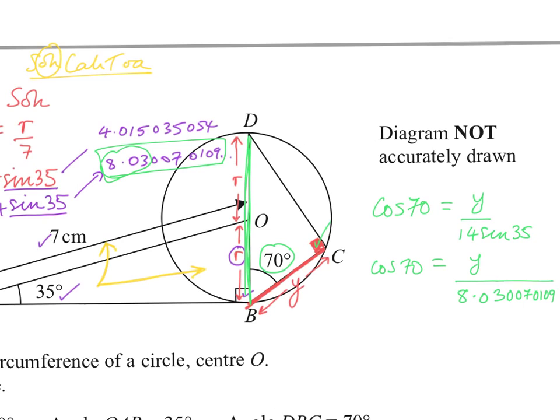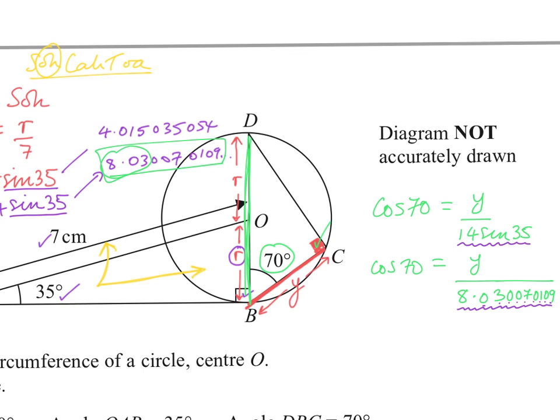Because for those that may or may not know, 14 sine 35 is exact, whereas its decimal equivalent is not exact. That's only rounded to 1, 2, 3, 4, 5, 6, 7, 8, 9. It's only accurate to 9 decimal places. But anyway, for the GCSE and this level of maths that we want, it is definitely high enough, let's have a look what we can do with y.